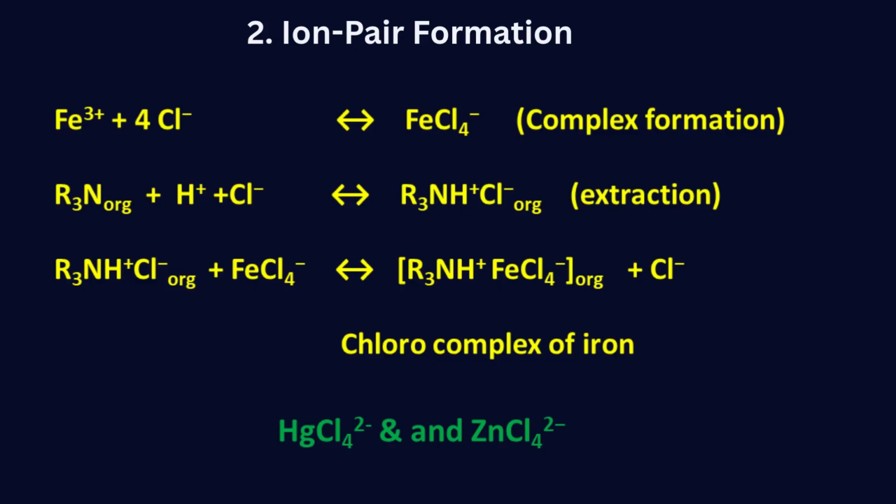Next we will see the example of ion pair extraction for separation of ferric ion, by forming a negatively charged chlorocomplex such as FeCl4-, which is extracted by the positively charged tertiary amine, that is R3NH+Cl- organic, shown in the chemical reaction, to form a neutral ion pair, shown here. Similarly, the chlorocomplexes of mercury and zinc can be separated using tertiary amine.